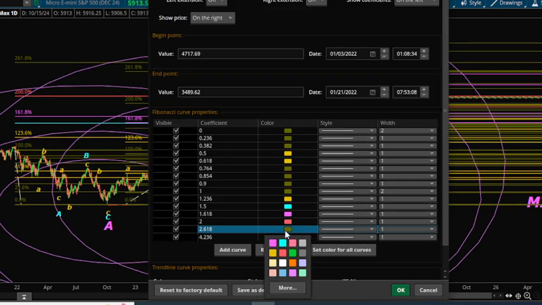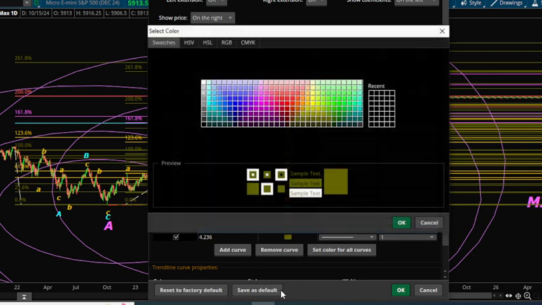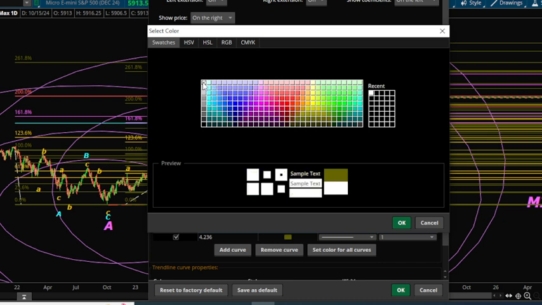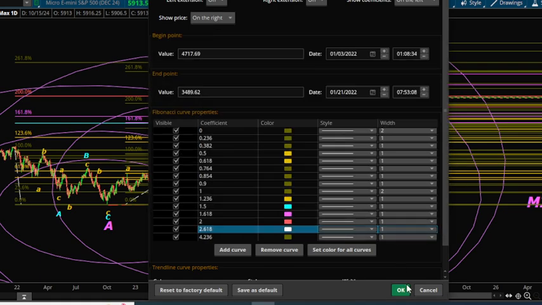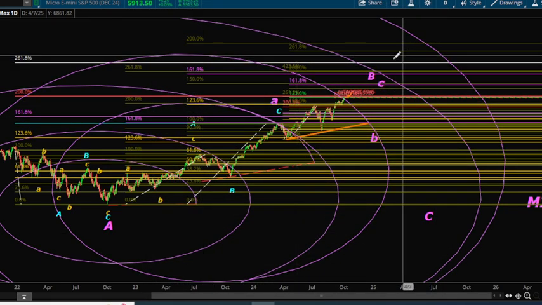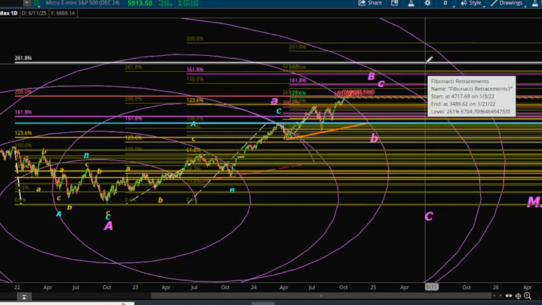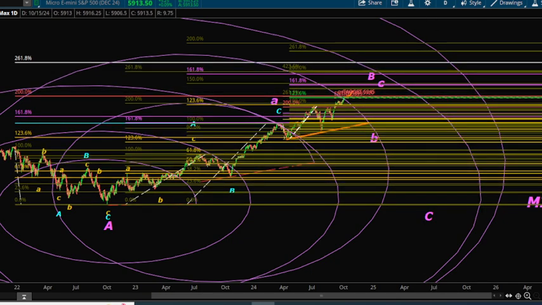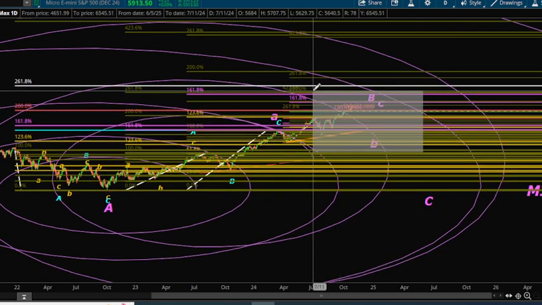Let's do white. Yeah, bright white. That's fine. Okay. There it is. All right. Yeah, I guess it was 67, close to up there. All right. Zoom back in.